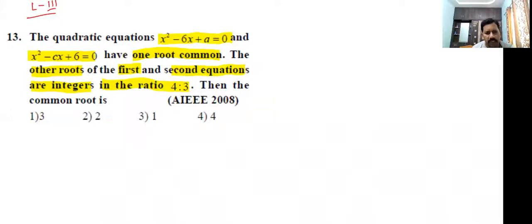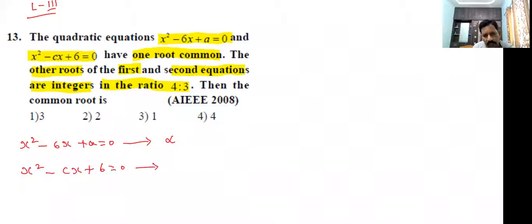Then the common root is, now I will write here, x square minus 6x plus a is equal to 0 having the roots, one is alpha. The second quadratic equation, x square minus 6x plus 6 is equal to 0, is also having the root alpha because one root is common.